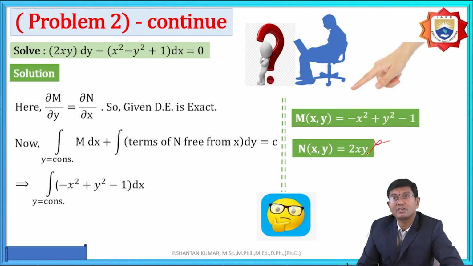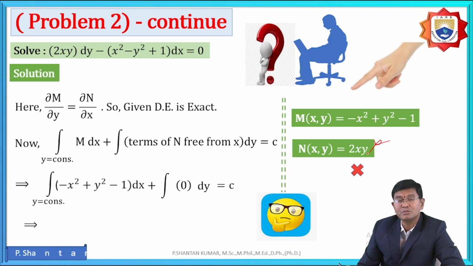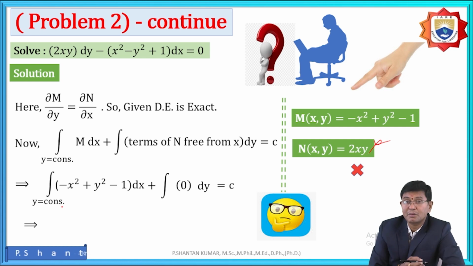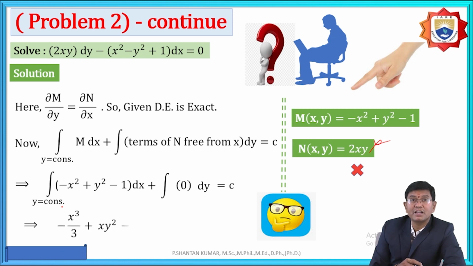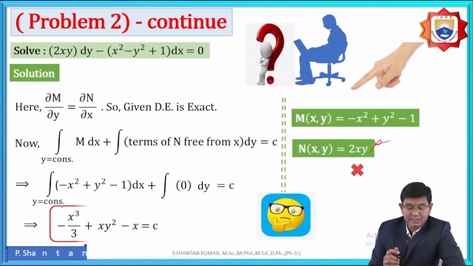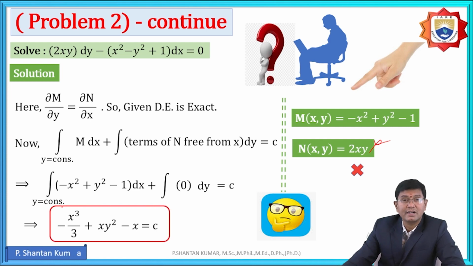Therefore, N free from x is nothing but 0 into dy, equal to c. In M dx, we need to observe that y is a constant. The first term, minus x square, integrates to minus x cube by 3, plus y square is constant, so take it out as common. The rest of the term is 1. Therefore, 1 into dx is x, and minus 1 into dx is minus x, equal to c. Therefore this is the final solution.